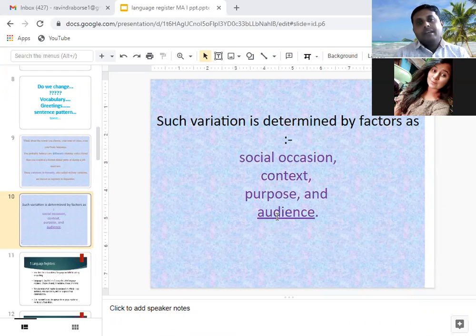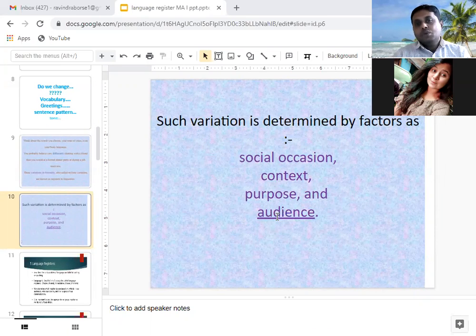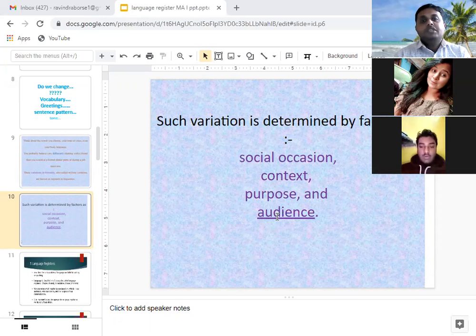But the same English language is changed in English literature classroom. So in English literature classroom, we would have novels, drama, and all those things, right? Like that. If you go for shopping, suppose you want to buy some jeans, you visit that shop, then you would use the appropriate register related to shopping of jeans, right?